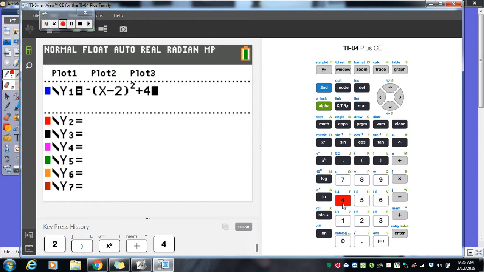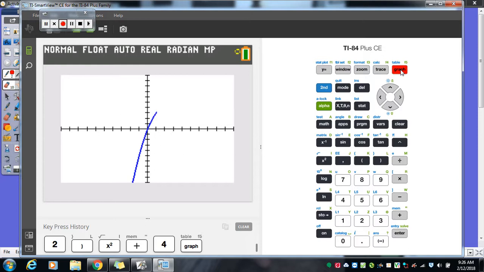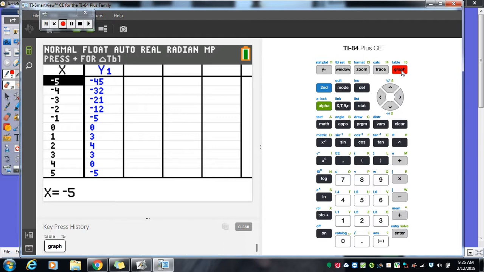Otherwise it won't let you graph it. So let's go to our table if you have not already done so. We're going from negative 1 to 5. So on mine it's already showing, so you got to copy your y values down into your table.